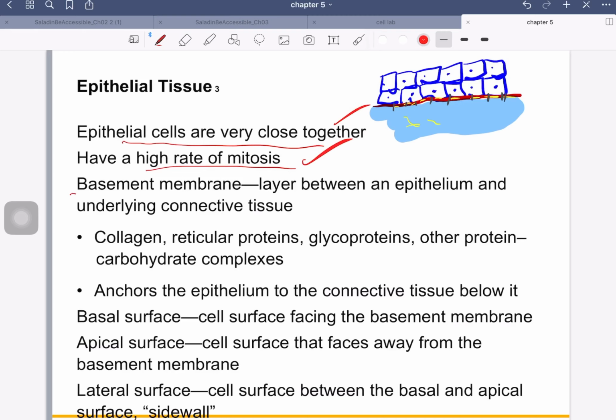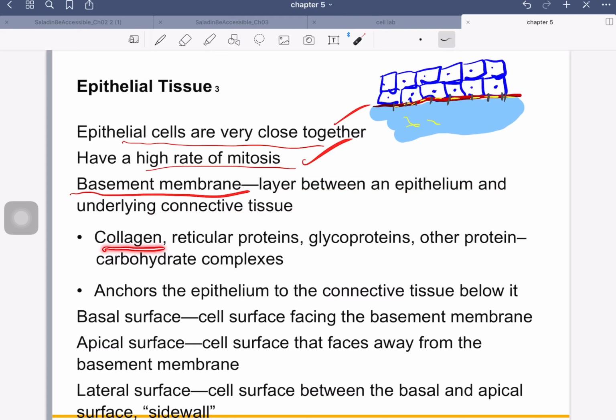Also, here's a feature, the basement membrane. The basement membrane is that little strip that basically separates, or attaches, maybe is a better way to think of it, attaches the epithelium to the underlying tissue. So it's a layer between the epithelium and the underlying connective tissue. What's in here?